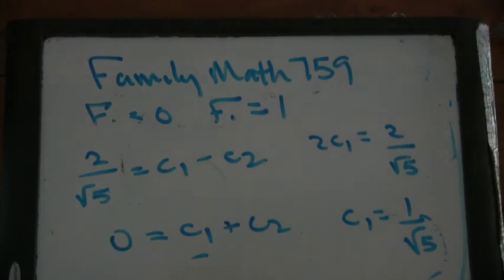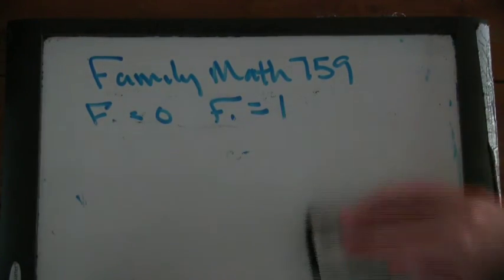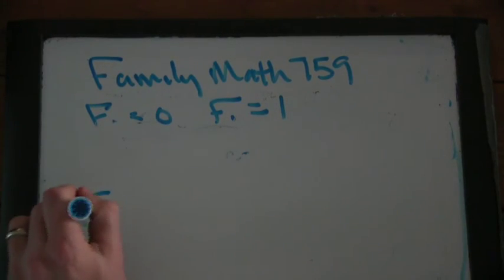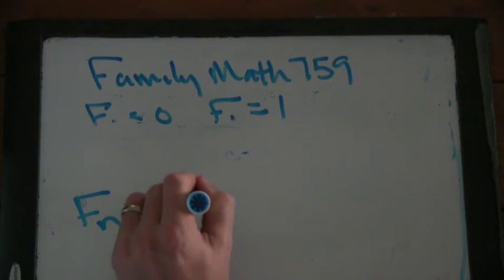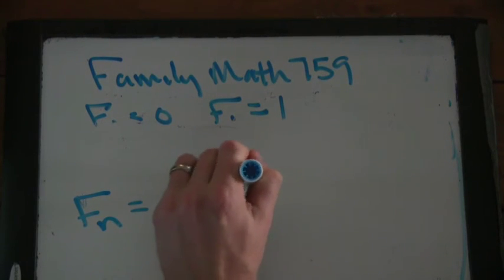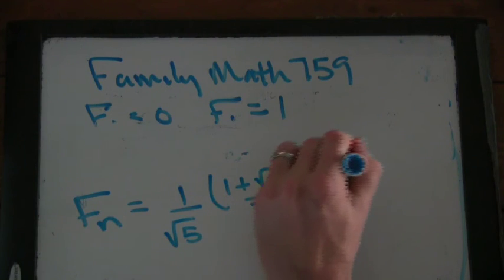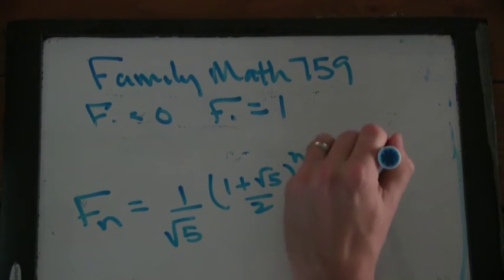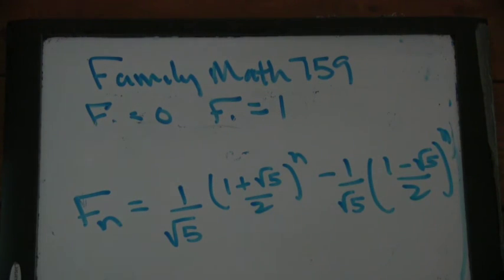Very good. So this would tell me that the Fibonacci number n would equal 1 over root 5 times (1 plus root 5 over 2) to the n, minus 1 over root 5 times (1 minus root 5 over 2) to the n.